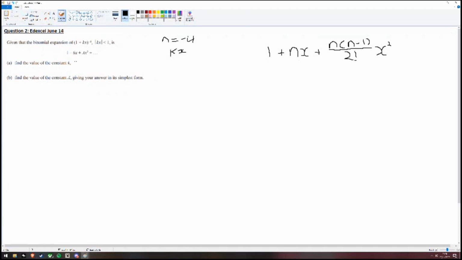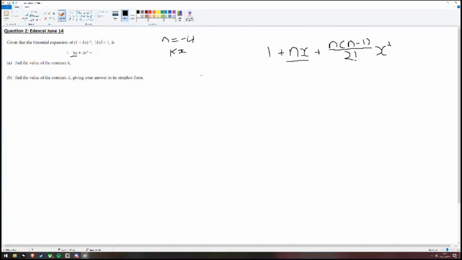Now, we are told to find the constant k. We know the first term, 1, but that's always 1. We know the second, minus 6x, and the third is ax squared, where a is another variable. So let's focus on this minus 6x, as we have an actual number here. So all we need to sub in is nx.